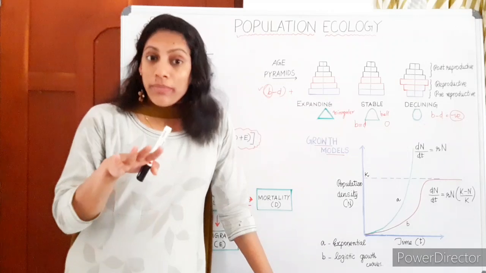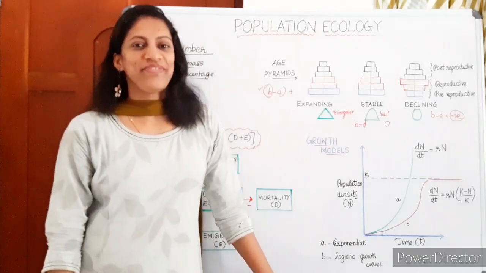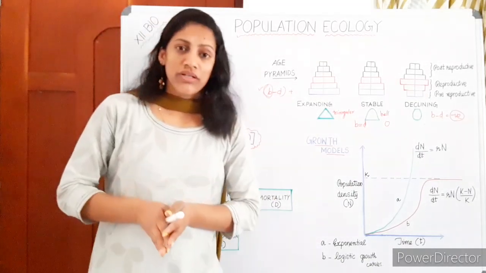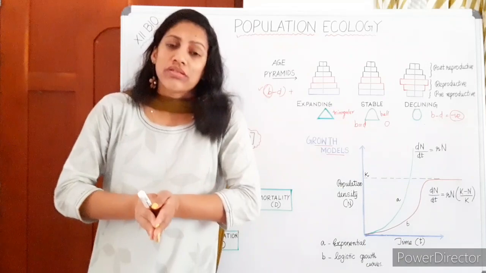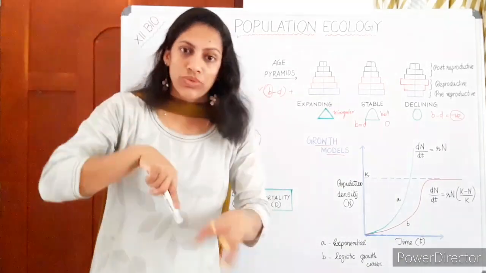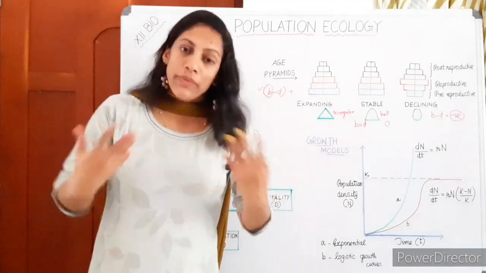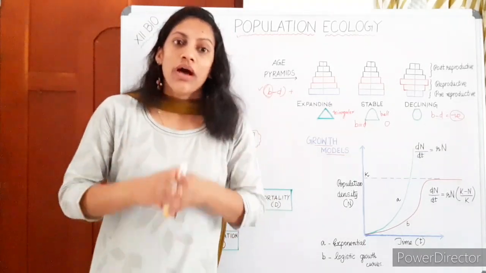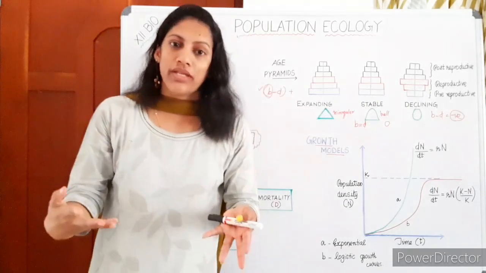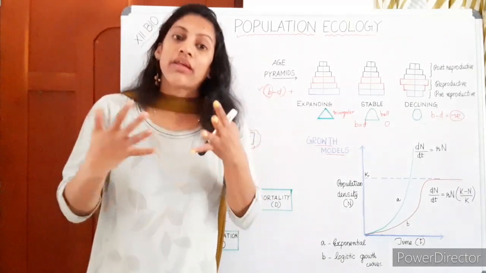The main reason is there is an unlimited supply of resources. But in nature, this type of growth is normally rare. The reason is, suppose it's a square plot with some plants; they grow, reproduce, again grow, reproduce. But there is a limit for that plot to accommodate, and only that many nutrients it can give.